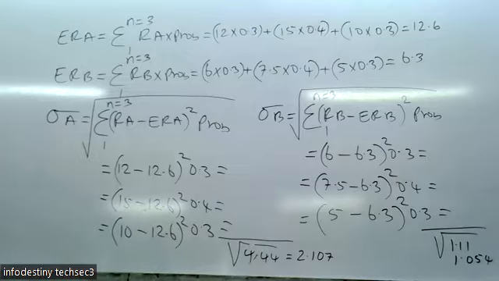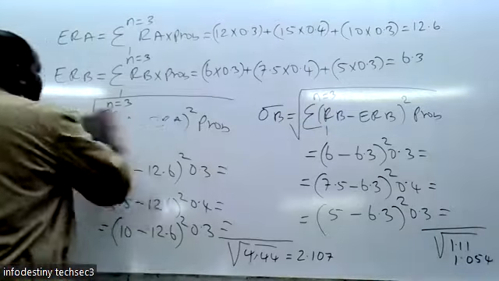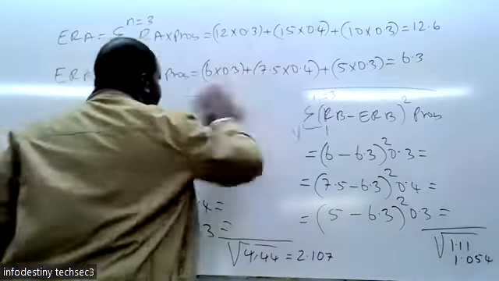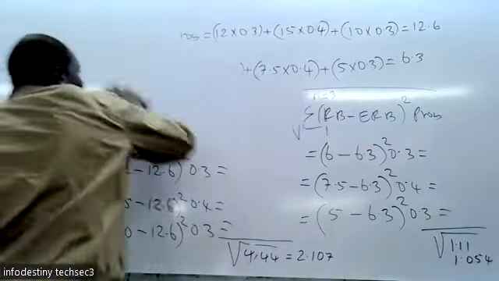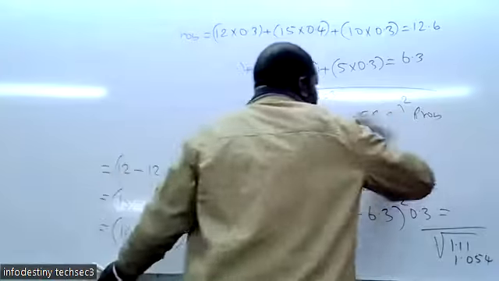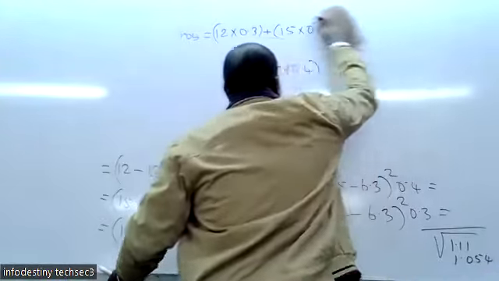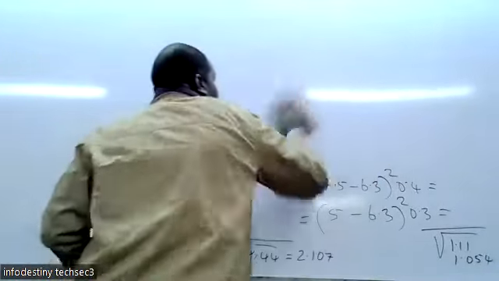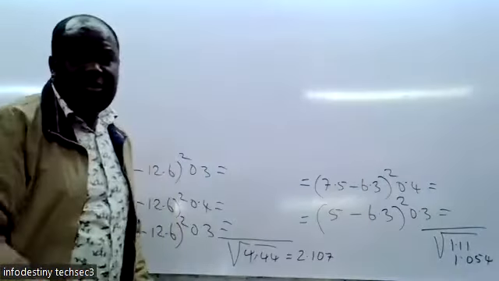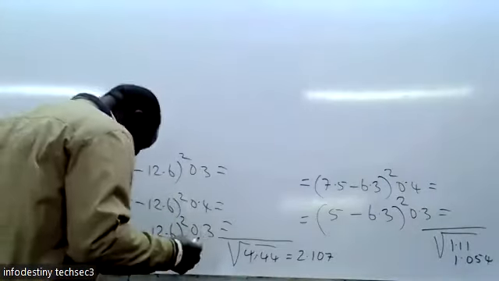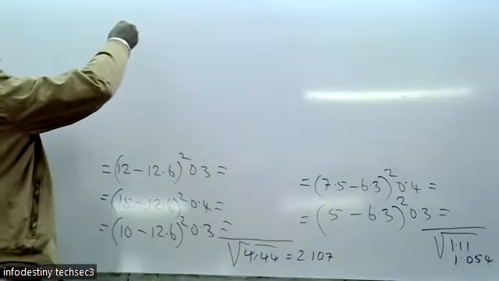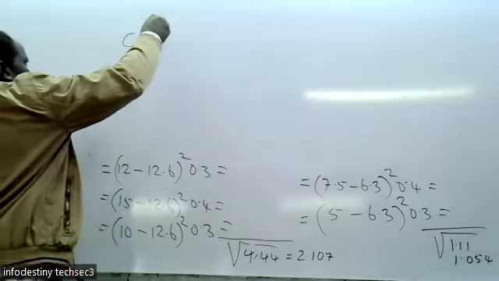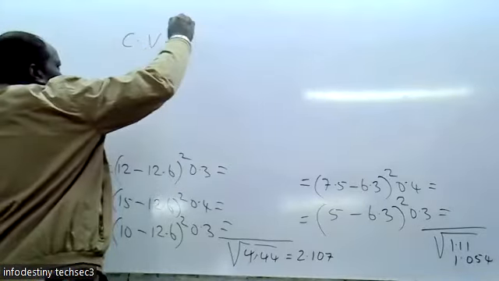So coefficient of variation is also a measure of risk, whereby we take the standard deviation and divide by the expected return.